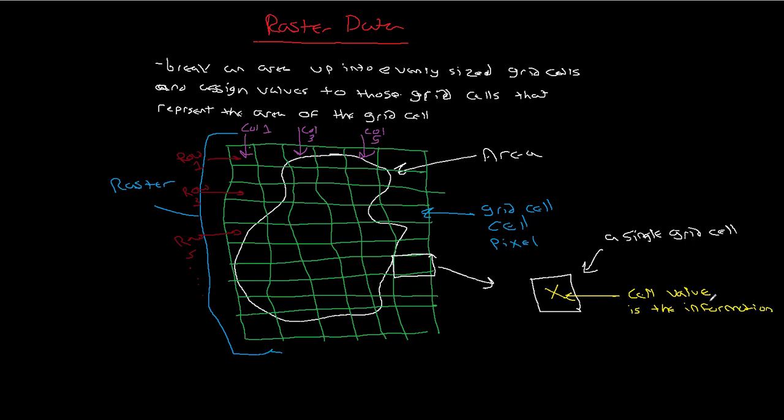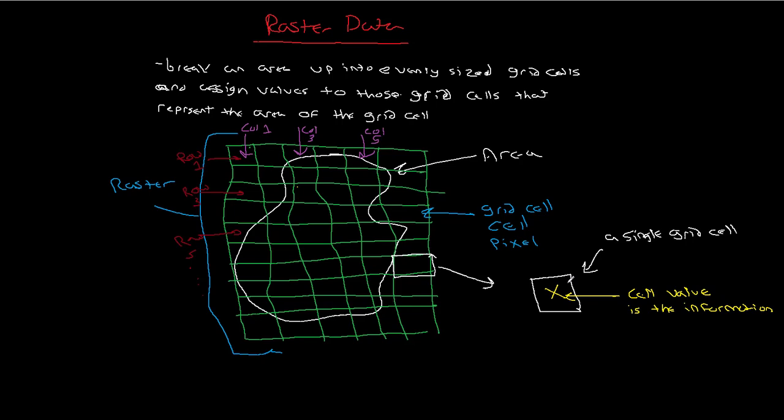Right. And so if we were to go back to the example that I began when I drew out this blobby area here, if we were to talk about measuring the precipitation, the amount of rainfall that was occurring across this area, this cell value would be the precipitation that is represented for the area that this grid cell covers.